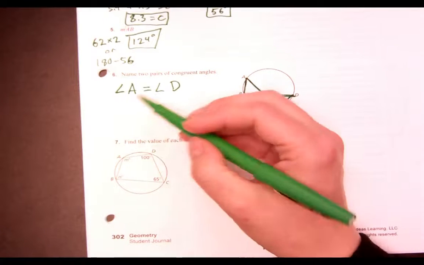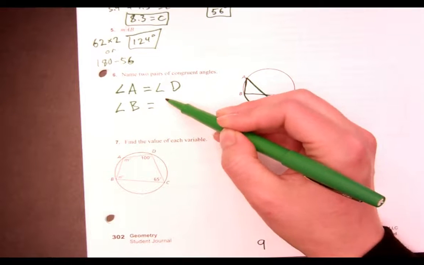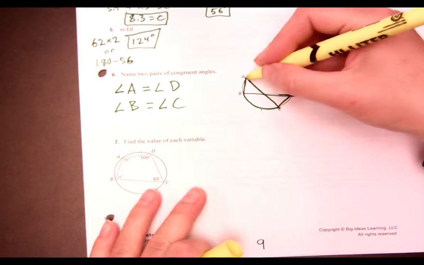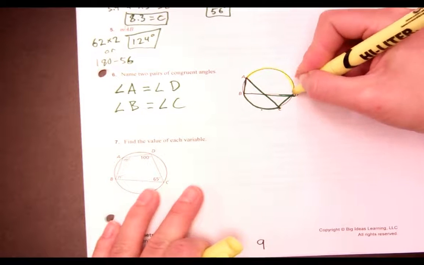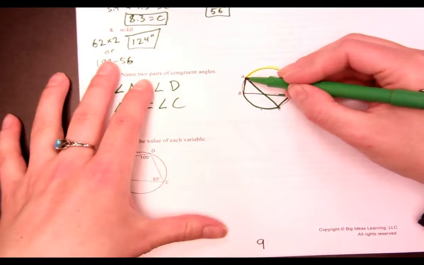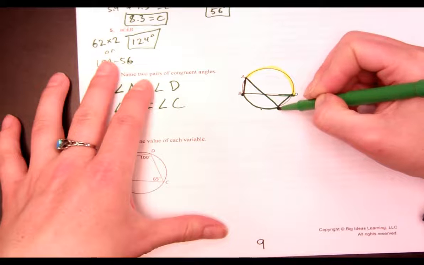Alright, how about if I start with angle B? Which one matches that one? Angle C, because again, they both intercept this arc here. When we're talking about arcs, we say, where does that angle come and touch the circle? Right here and right here.